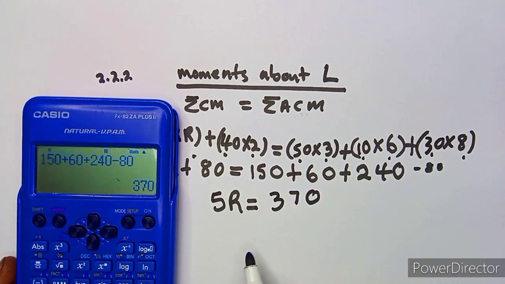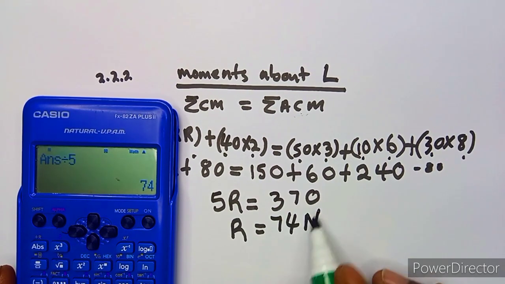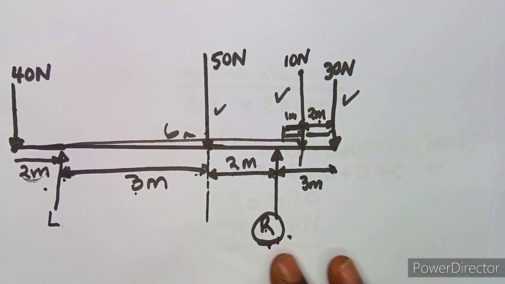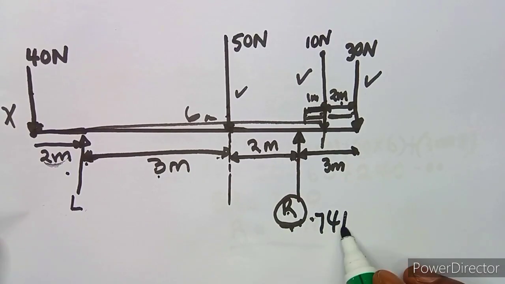So divide by 5 to obtain R, and you're going to obtain 74 newtons. Let's cross check, these were newtons or kilonewtons. Okay, these were newtons, so your R in this case is 74 newtons.